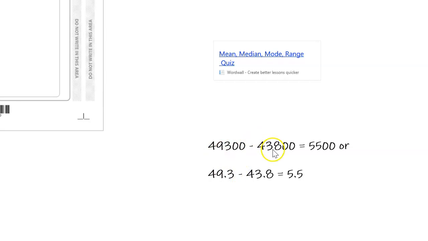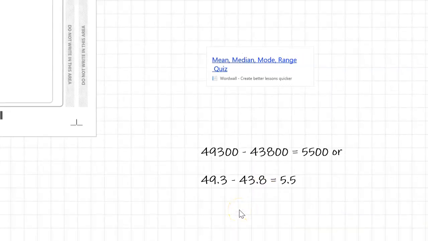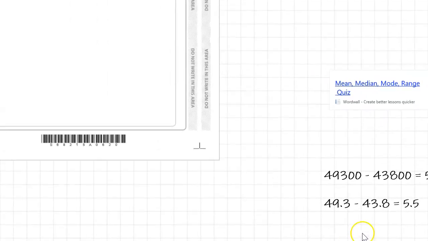We've worked out that this year is 43,800. We need to work out the difference, and the way we work out the difference is by subtraction. So that works out to 5,500. And I've just done it the other way as an equivalent, just to make things as clear as I possibly can.